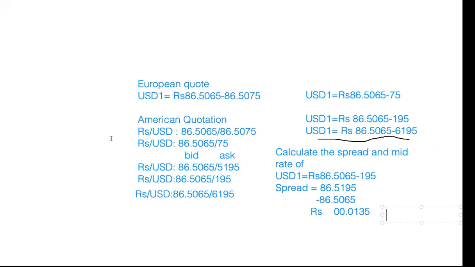Now mid rate is equal to the whole by 2. Can somebody calculate? Add them, divide by 2.